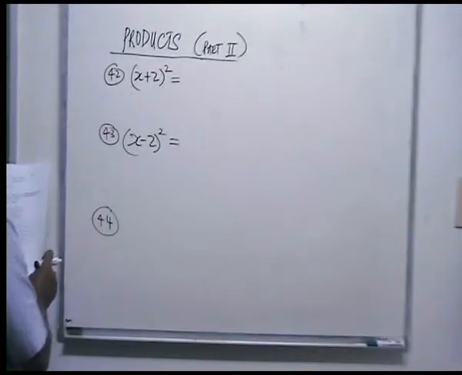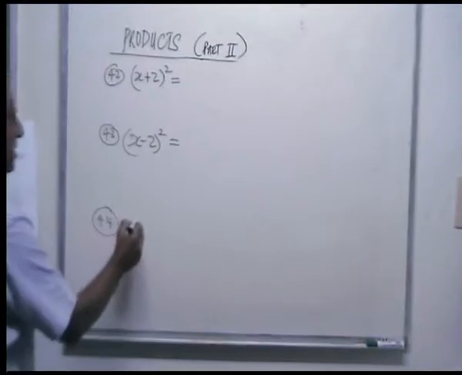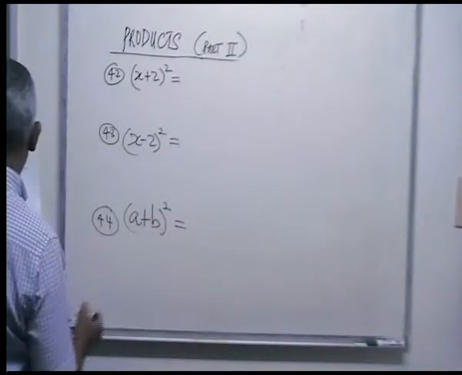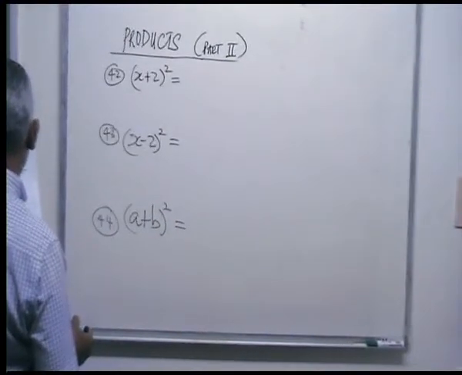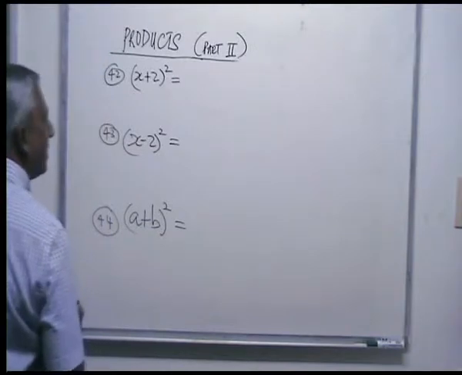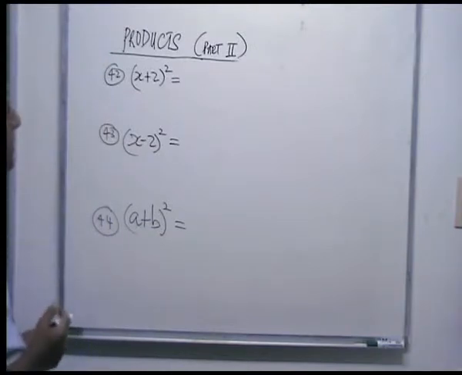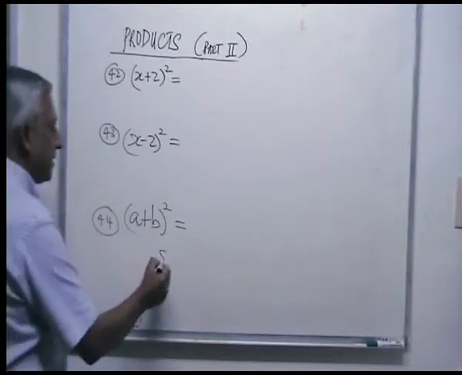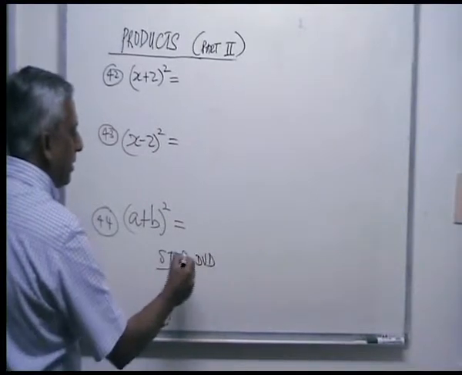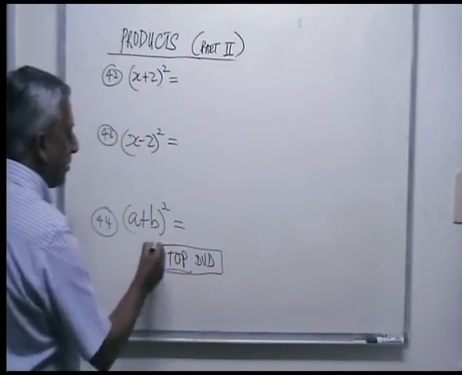And we'll do number 44. 44 is a plus b all squared. Let's do these 3, and then I'll do the next 3 again. Alright, so you can take them down, you can try them, and then we will mark them for you.